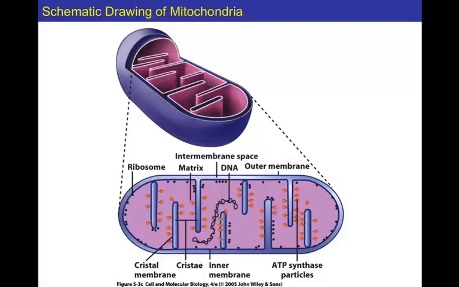When they were seen in the electron microscope, they looked like lollipops. I'll show you a picture of one of those later. But then eventually it was discovered that these were actually the molecules that were responsible for making ATP, and they're now known as ATP synthases.